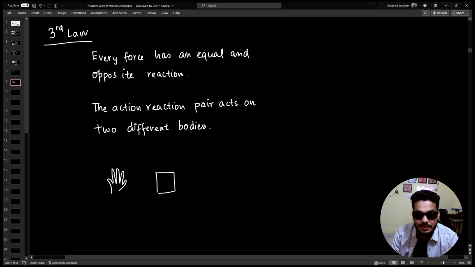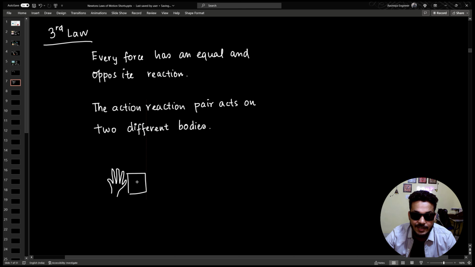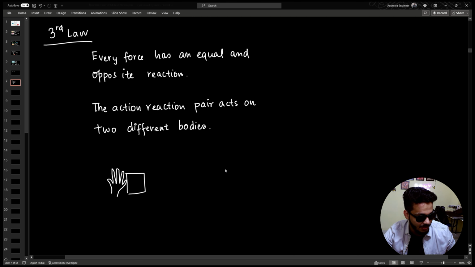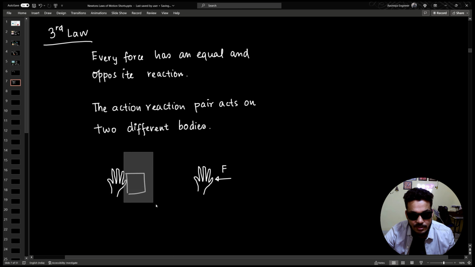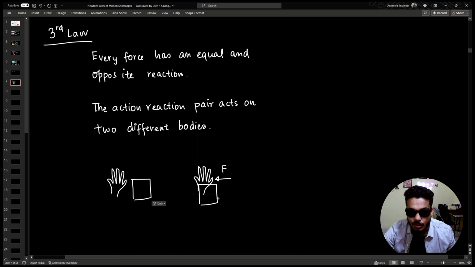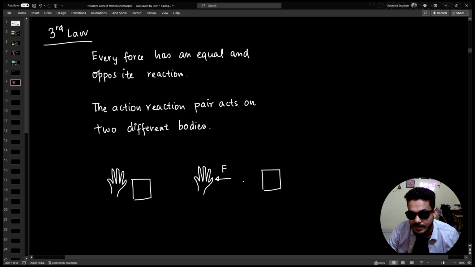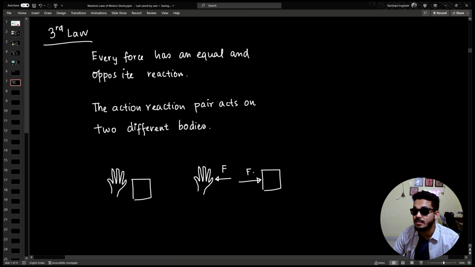Oops, I don't know if that is the correct way to make a hand, but if you have a hand and you apply a force on this block, and the block moves, then when I make your hand's FBD, the force that the block will be applying on your hand is going to be, let's say, F, and the force that you apply on this block is also going to be the same one but in the opposite direction. Okay, this is what Newton's third law says.